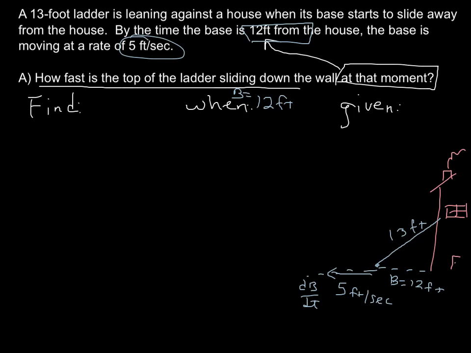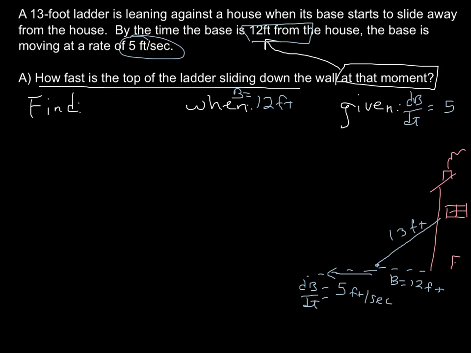And we are given that the rate that the base is moving away from the house is 5 feet per second. You do need to ask yourself whether that's a positive quantity or a negative quantity. The way to tell is, is it causing our measurement to get bigger or smaller? Since we said that B was the distance the base is from the house, then as the base slides away from the house, the distance is going to get bigger, and so it does in fact need to be a positive quantity.